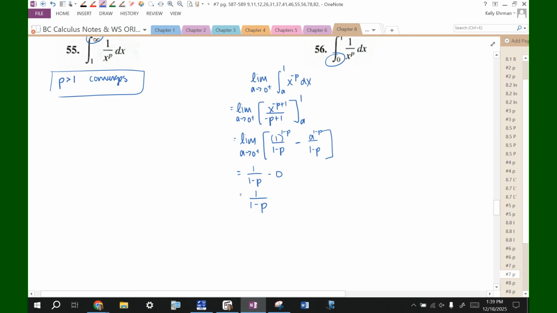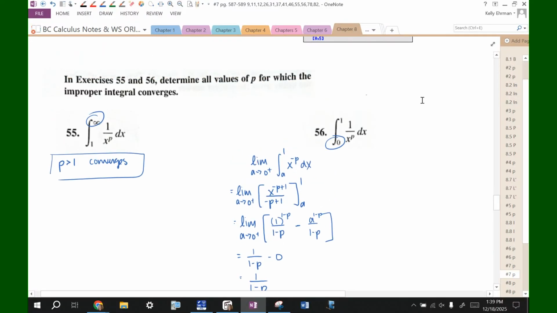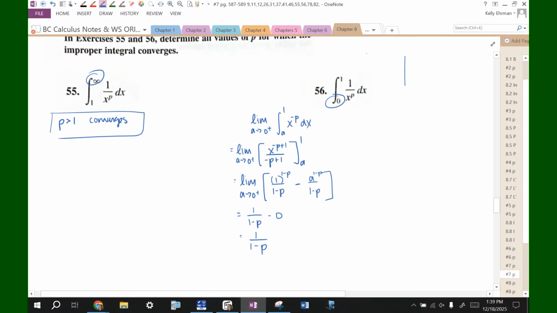Remember, it's not a p integral, so it's okay if this is flipped around, like I was thinking 1 over p minus 1. But do I have to consider anything about this? The integral from 0 to 1 of 1 over x to the p is something like this, right?